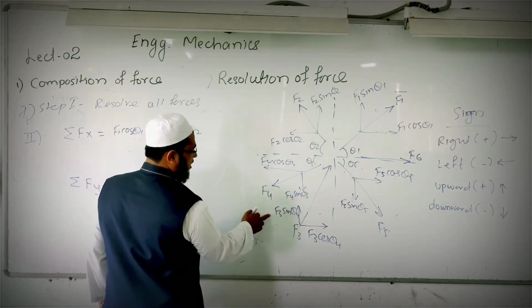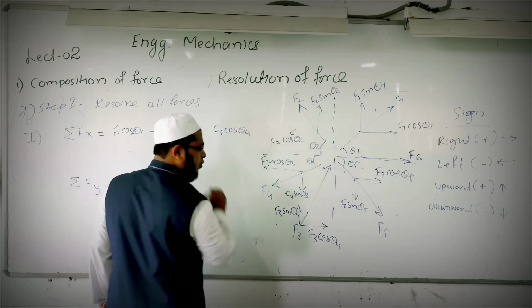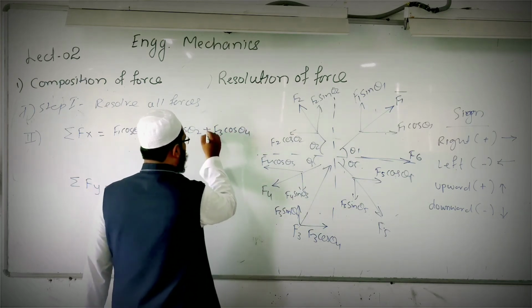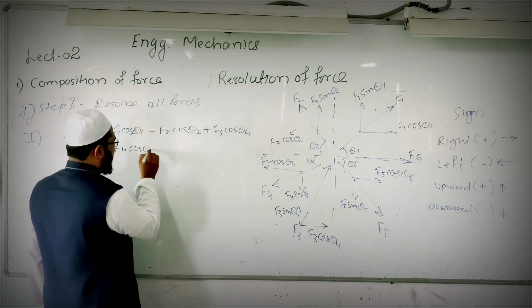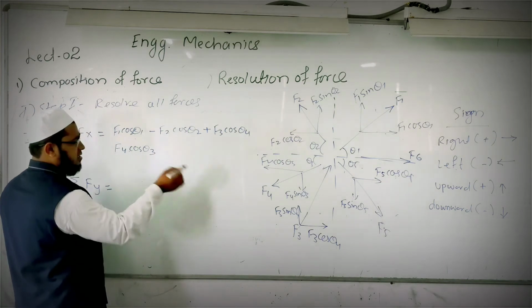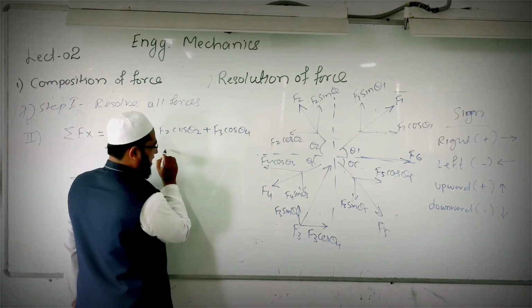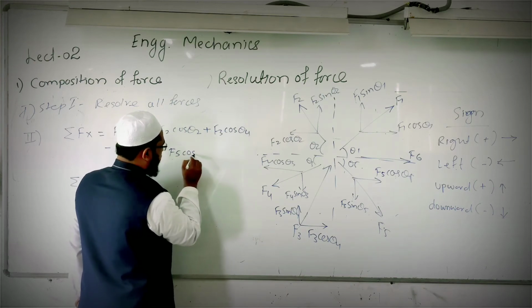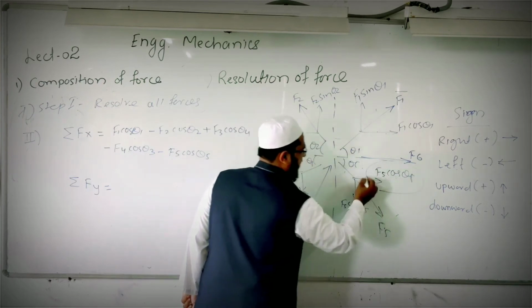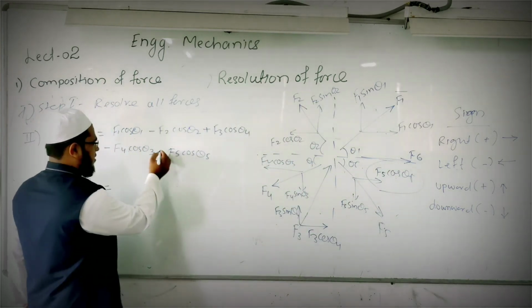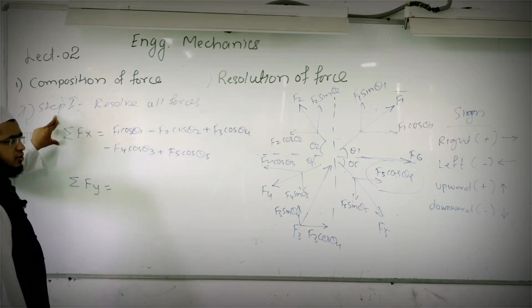Then F3 cos theta 4, it is rightward, therefore it is positive. Then F4 cos theta 3, it is acting leftward, that's why it is negative. And at the last, F5 cos theta 5, this component is rightward, that's why it is considered positive. It is the algebraic sum of horizontal forces.